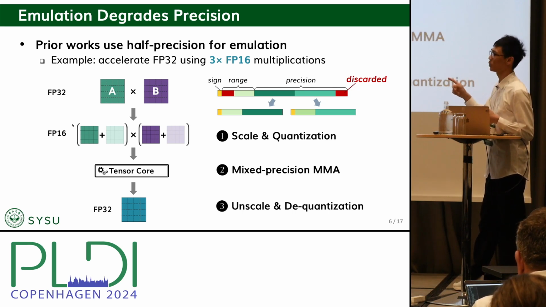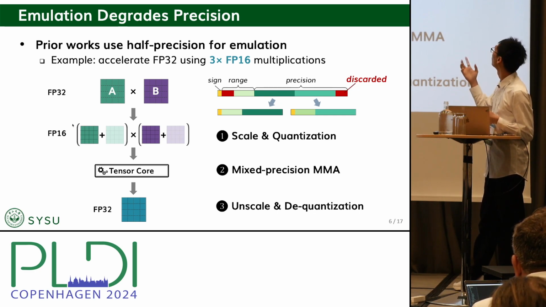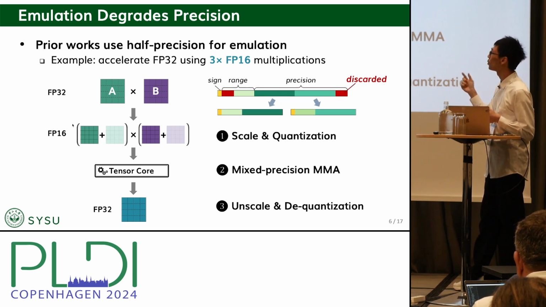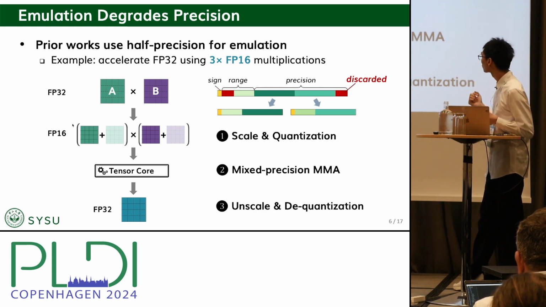The first one preserves the higher part of the mantissa, and the second one preserves the lower part of the mantissa. Because of the limited range and limited precision of half precision, some of the bits in the range and the precision are discarded.